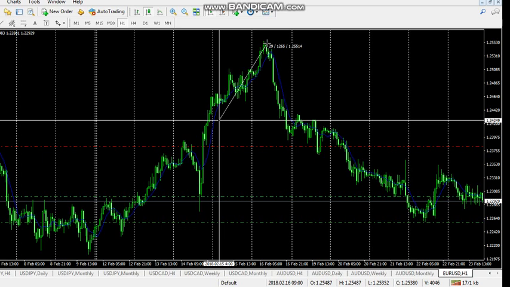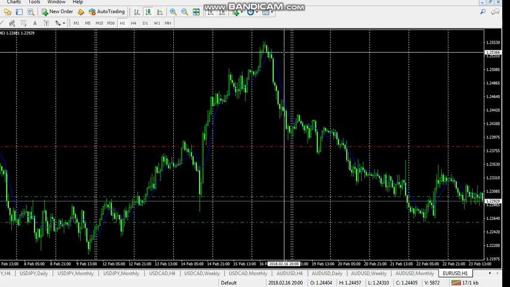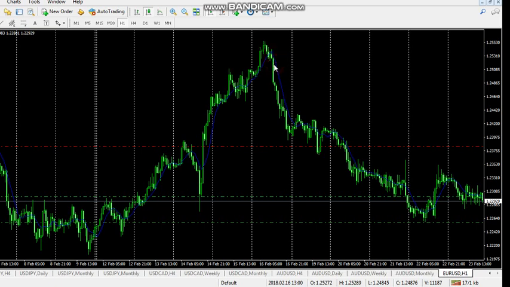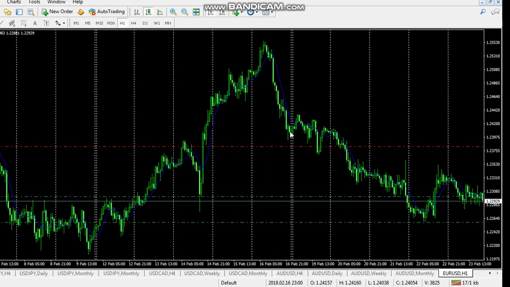Wow, 126 pips, just so good in 2 days. Then price breaks out of the resistance price, two candles are created and then price goes down. Wow, 76 pips. Very good.